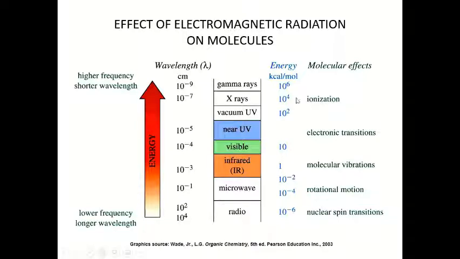So, as you can see here, in this diagram you have the spectrum of wavelength from radio to gamma rays and the effects of this electromagnetic radiation on molecules, which is shown in green. And here, as the energy is increasing in blue, the wavelength is getting reduced and the frequency is increasing, because wavelength and frequency, as I mentioned, are inversely proportional.